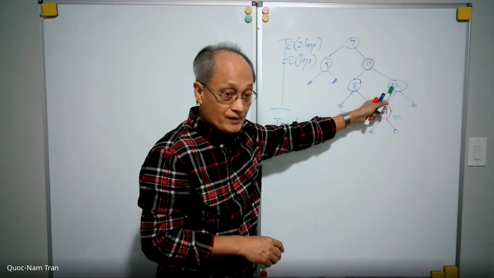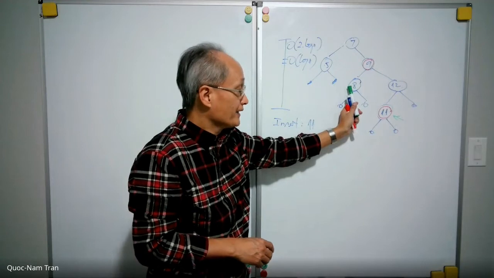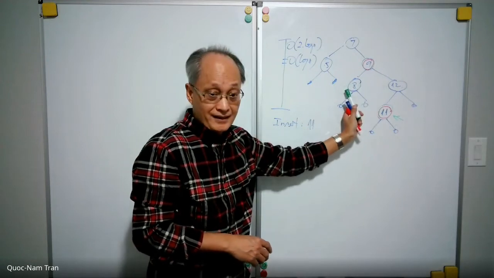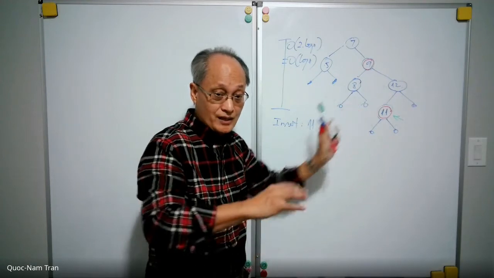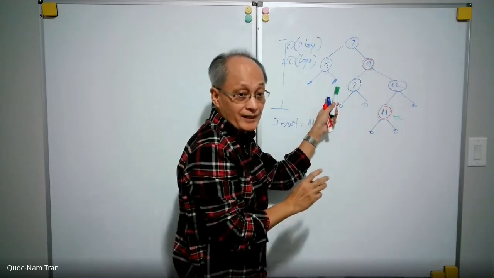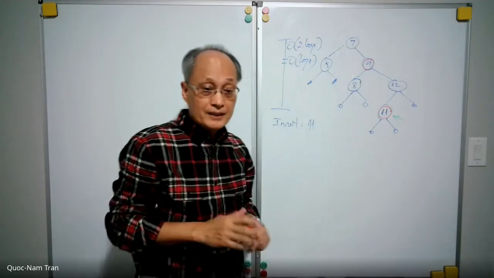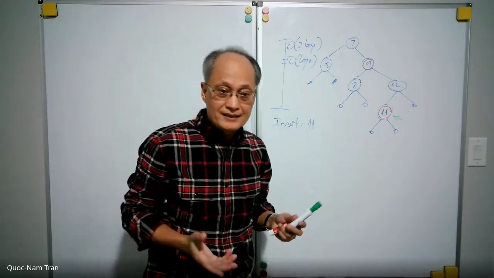If the parent is red, look at the uncle. Okay? If they are both red, then change their color and change the color of the grandparent and go up to the root. Okay. By the way, the color of the root can be anything.